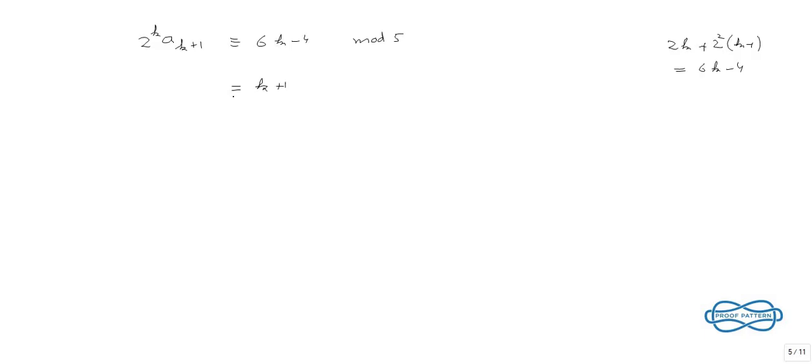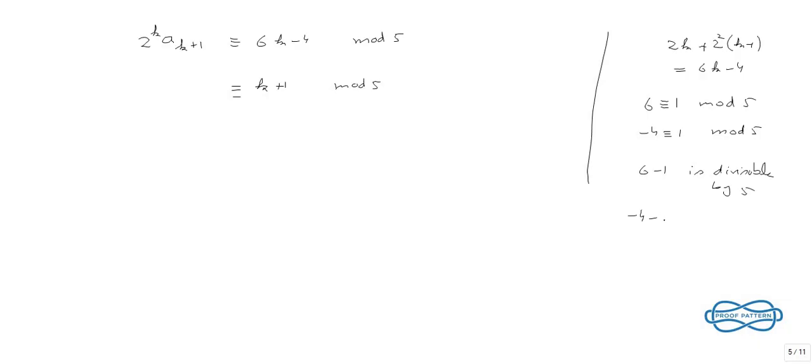and after some rearrangement we can see this will be a_{k+1} is congruent to k plus 1 mod 5, because 6 is congruent to 1 mod 5 and minus 4 is also congruent to 1 mod 5, because 6 minus 1 is divisible by 5 and minus 4 minus 1 is also divisible by 5.